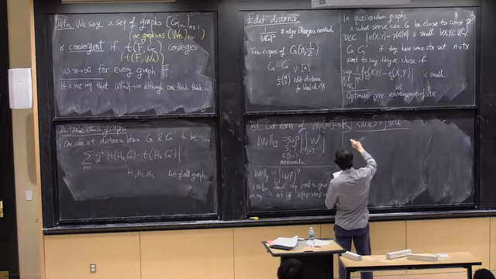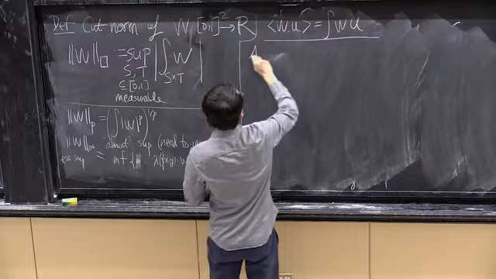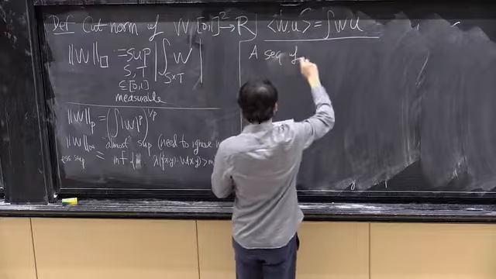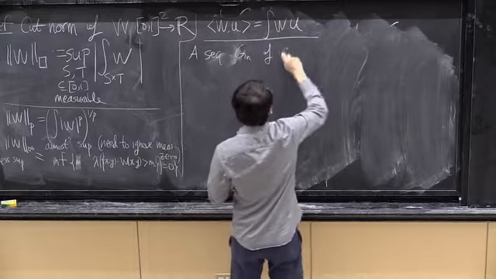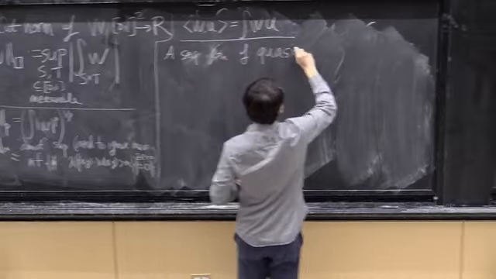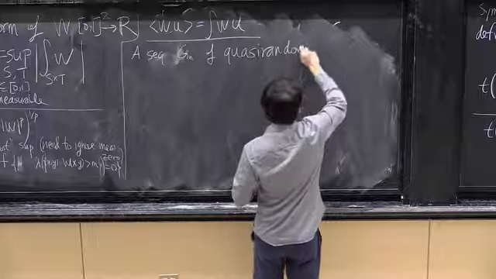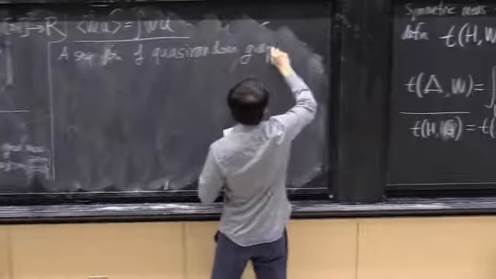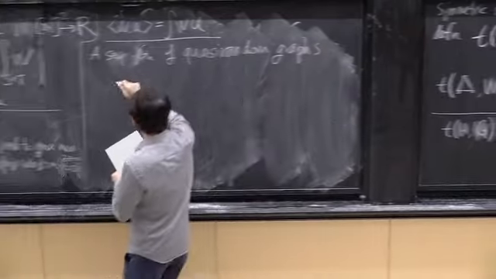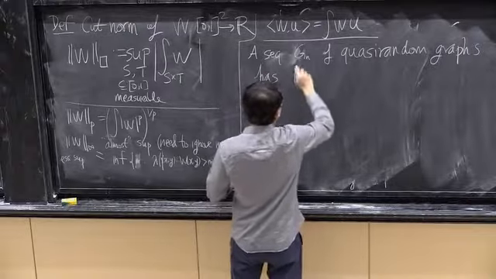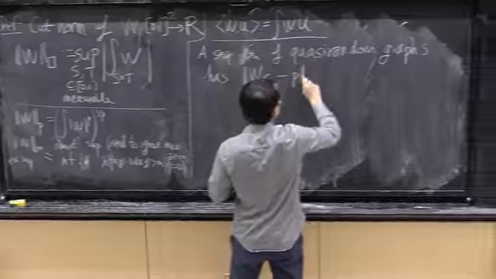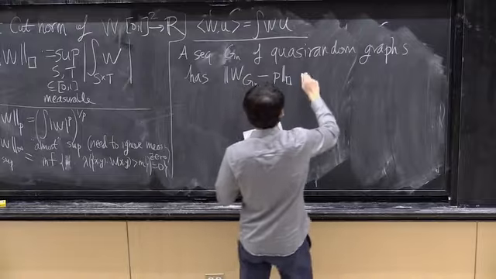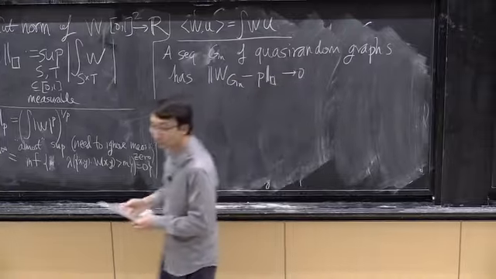Comparing with the discussion up there, we see that a sequence G_n of quasi-random graphs has the property that the associated graph functions converge to p in the cut norm.